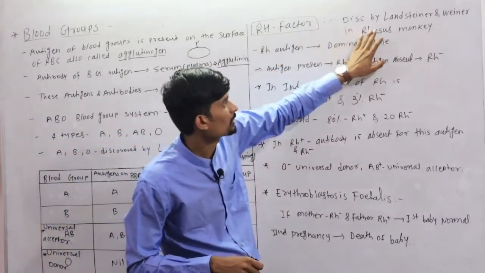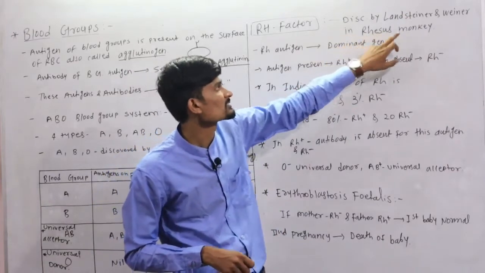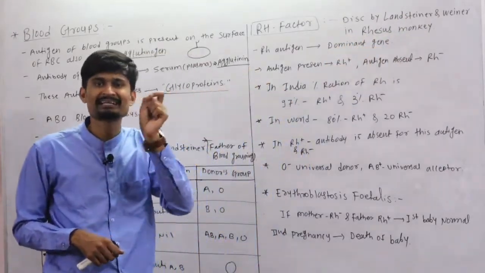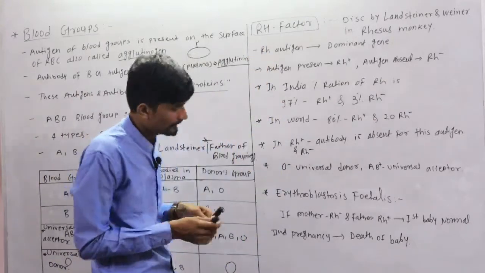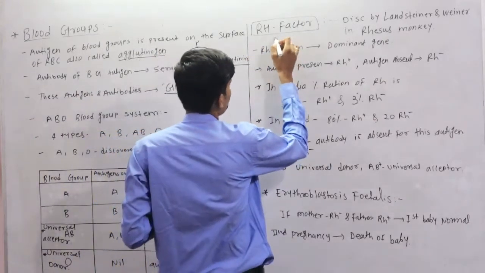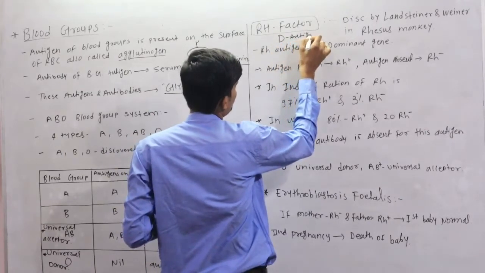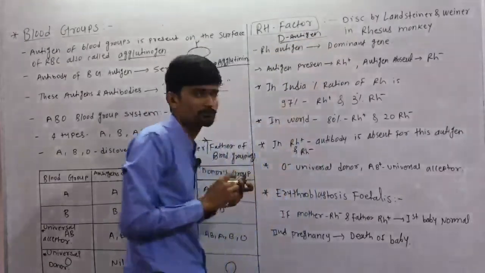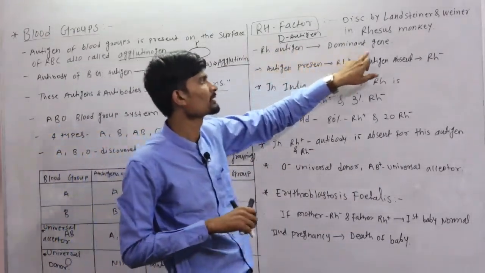RH factor was discovered by the scientists Landsteiner and Wiener in a rhesus monkey, and that is why it is called RH, for rhesus monkey. So that is why it is called RH factor, and this is also called the D antigen. Okay students. Next, RH antigen is a dominant gene.